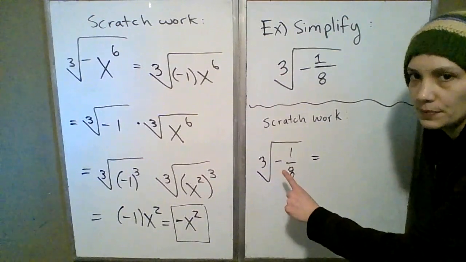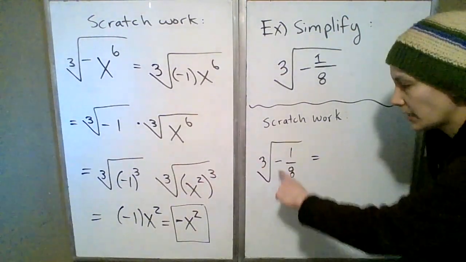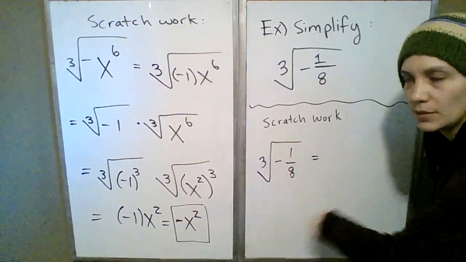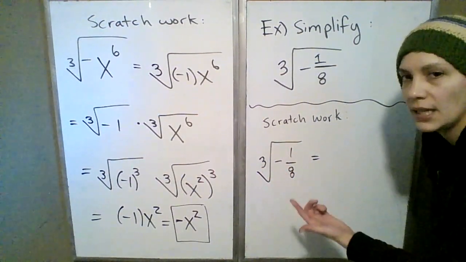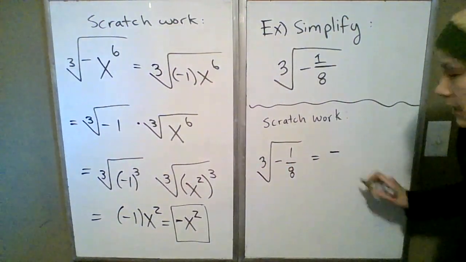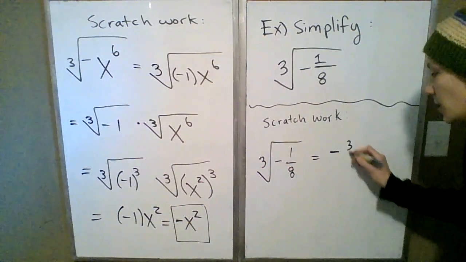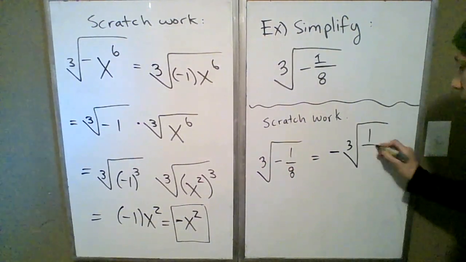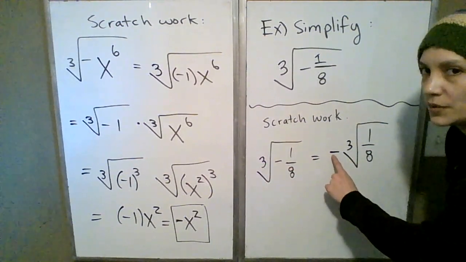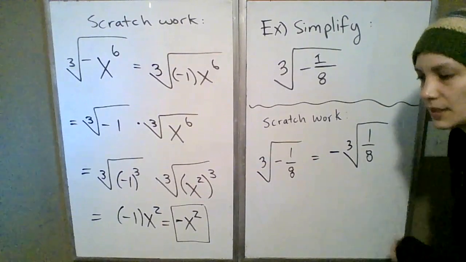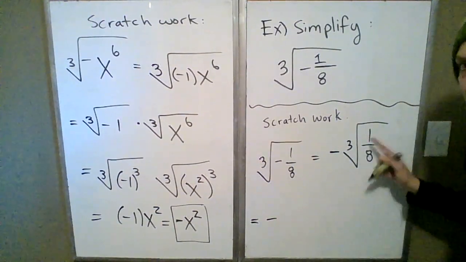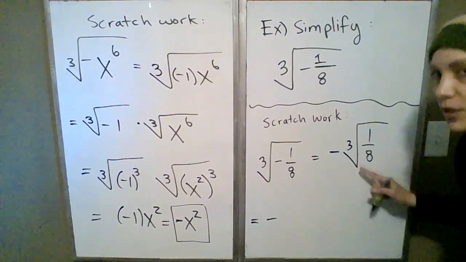So you could do the same thing as over here, I could write this as -1 and split this apart and take the cubed root of -1, which is -1. In the end, I'm going to have that negative out here, and then I can find the cube root of 1/8. Okay, so don't forget your negative sign as we keep going step to step. So the negative, and then I can write this as cubed root 1 over cubed root 8.